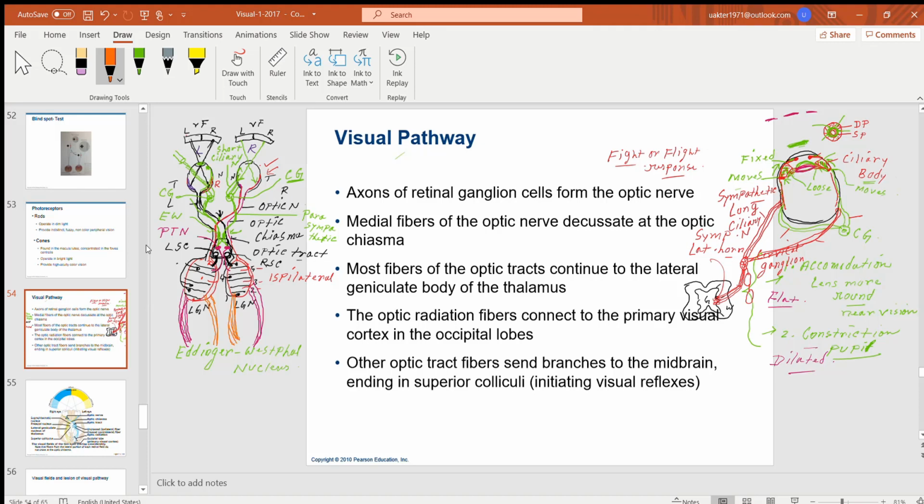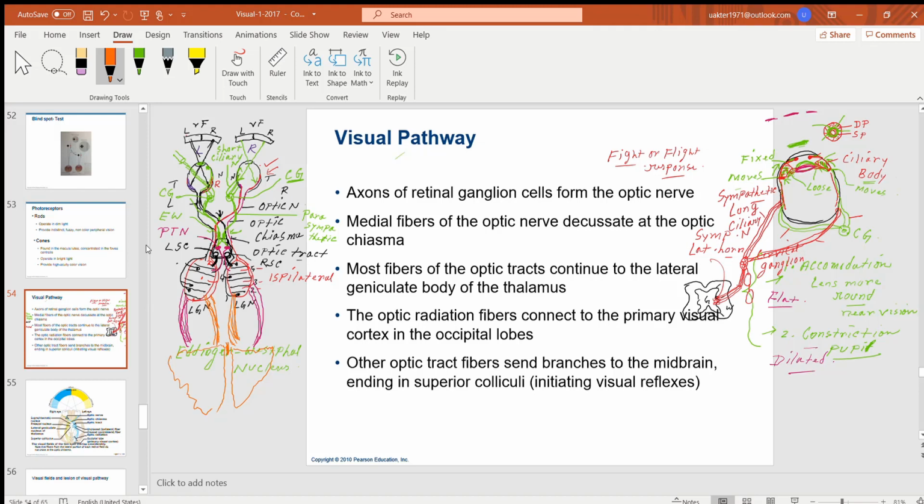Parietal. Okay, and here is your occipital lobe, right, and the calcarine sulcus, or calcarine fissure.